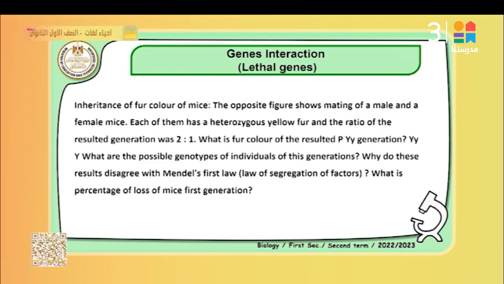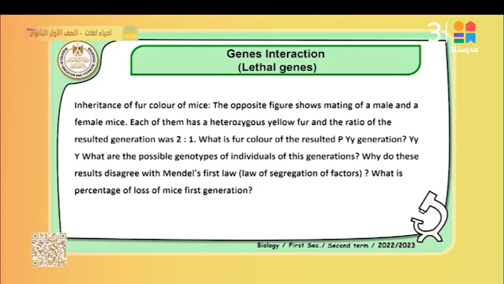These figures show the mating of a male and a female mouse, each of them heterozygous. The yellow color, Y capital Y capital, does not survive because it dies inside the uterus, as it carries two dominant genes, finally leading to death. So they are called heterozygous, Y capital Y small, Y capital Y small.